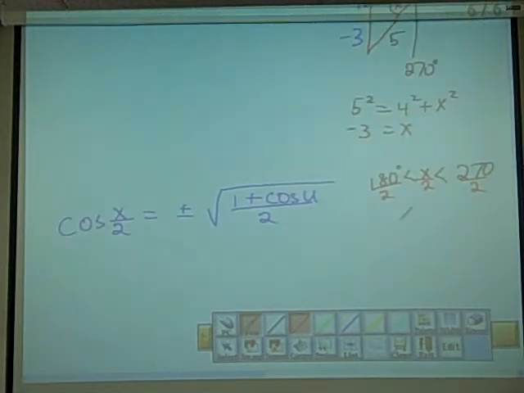So that makes this 180 divided by 2, that's going to be 90, is less than x over 2, and 270 divided by 2, that's 135. So that puts us in quadrant 2 for x over 2.